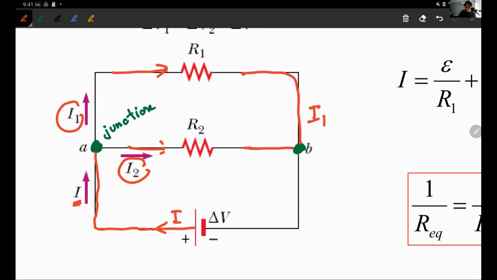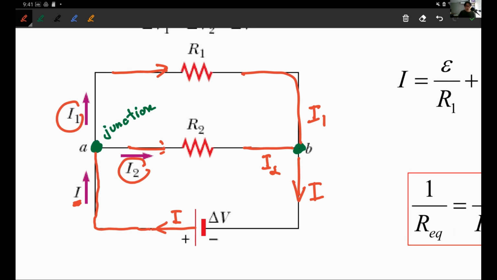So I sub 1 and I sub 2 eventually will come back together and join the capital I one more time. Conservation of charge. You cannot get rid of any charges in your circuit, or create one in your circuit. Everything has to be conserved. But during the movement, you're going to have to split them a bit.